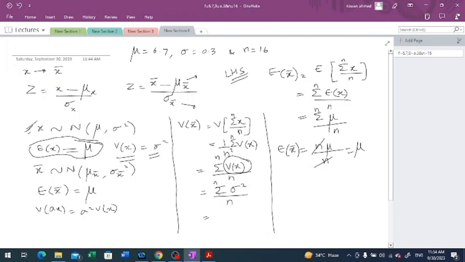Again, we can read this as sigma square added n times, because the summation up to n terms is applied on this constant quantity. Therefore, we can rewrite it as n times sigma square divided by n square, and this n will cancel out, and consequently we end up with sigma square divided by n.